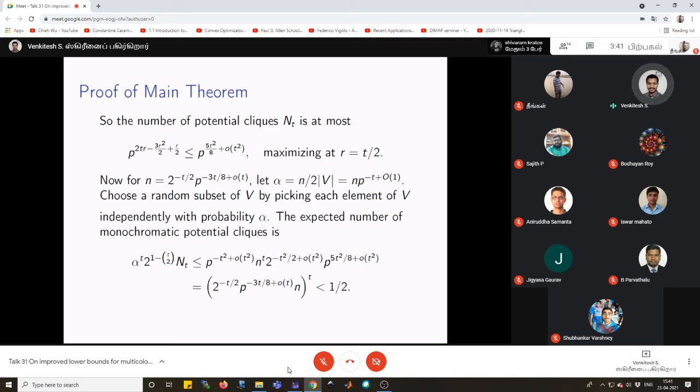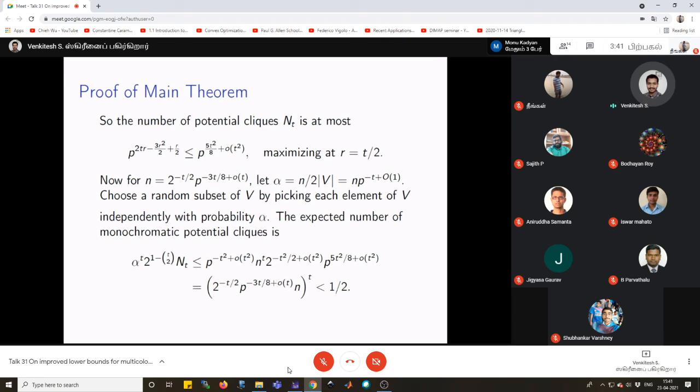The expected number of monochromatic potential cliques is exactly the left hand expression, and now we have upper bounds for each. So just plug in all those. We get a complicated expression, but simple to handle. Eventually, all of this computation boils down to finally getting 2 to the minus t by 2, t to the minus 3t by 8, plus equal to t, times n, whole to the t, and this is where we get the choice of n.